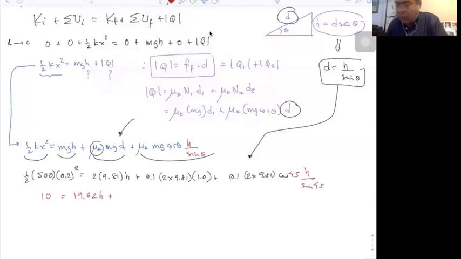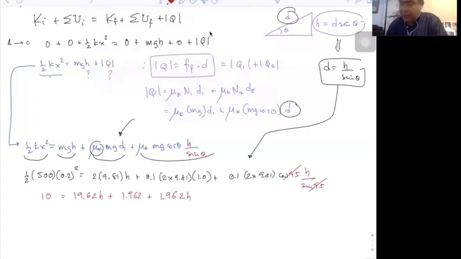You get 1.962 plus this other term here. Actually, cosine 45 and sine 45 are going to be the same, so 0.1 times 2 times 9.81 gives the same, 1.962 h.